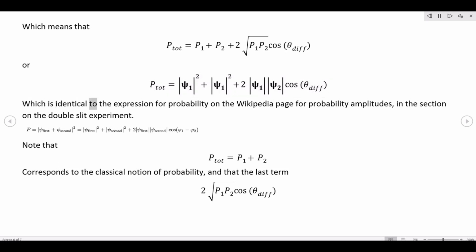Which is identical to the expression for probability on the Wikipedia page for probability amplitudes, in the section on the double-slit experiment.